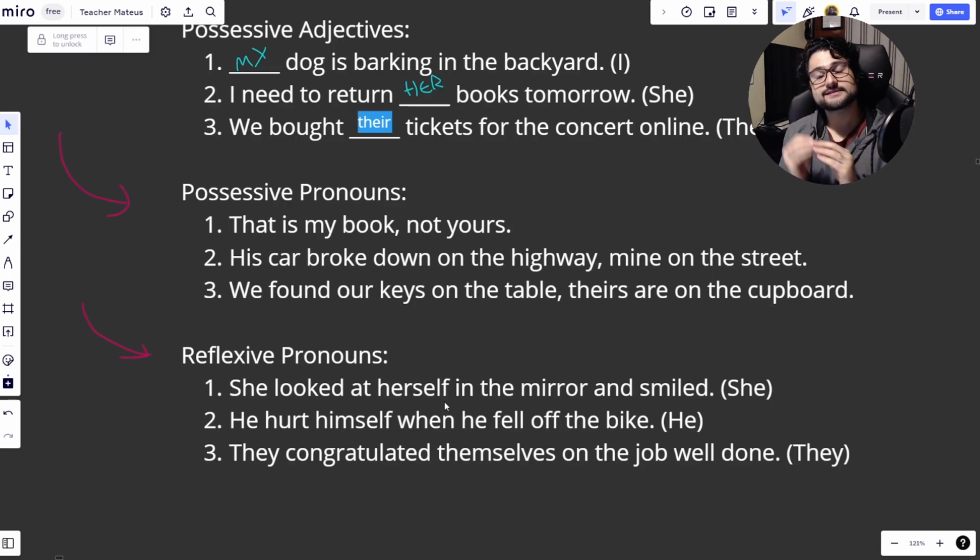To master this structure and these pronouns, the subject, object, possessive adjective, possessive pronoun, reflexive, is through practice. So practice as much as you can, speaking as well as writing. And when you are listening and reading any content in English, try to be mindful and pay attention to these pronouns.